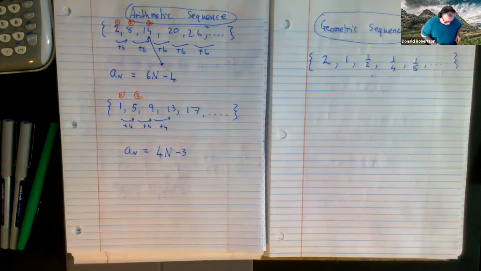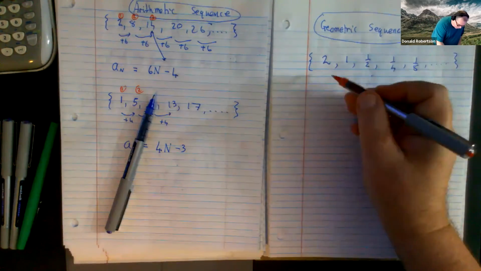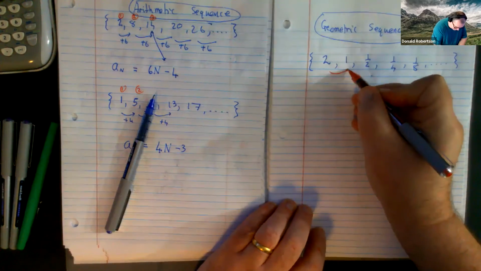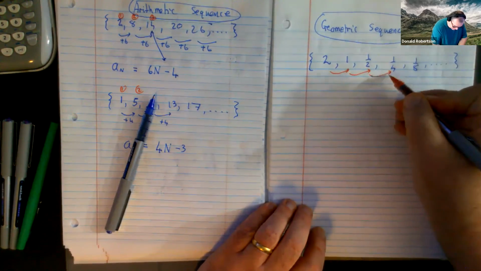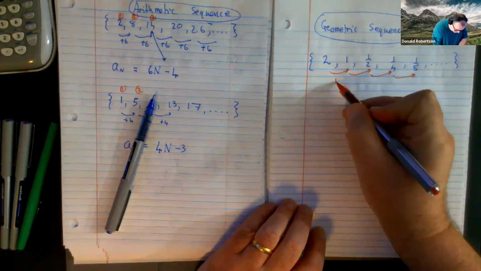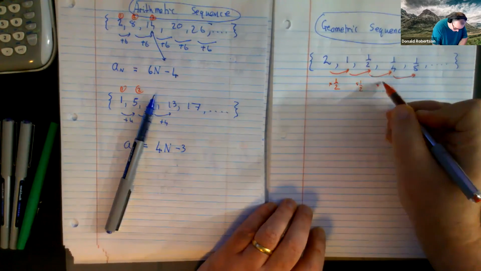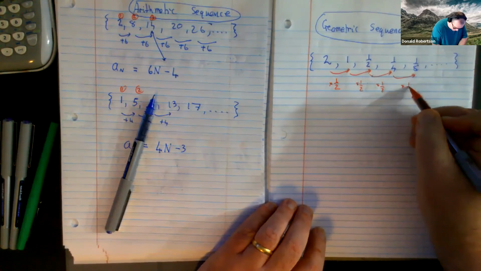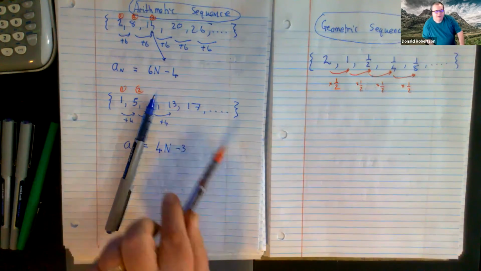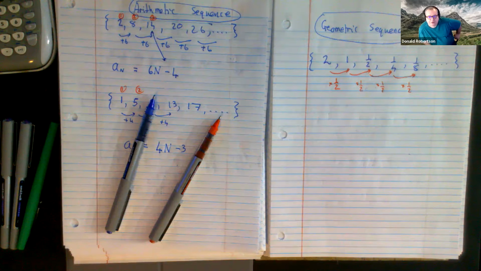In a geometric sequence, to get from one number to the next, you multiply by something. In this case, you're multiplying by a half. And when that happens, you have what is called a geometric sequence.